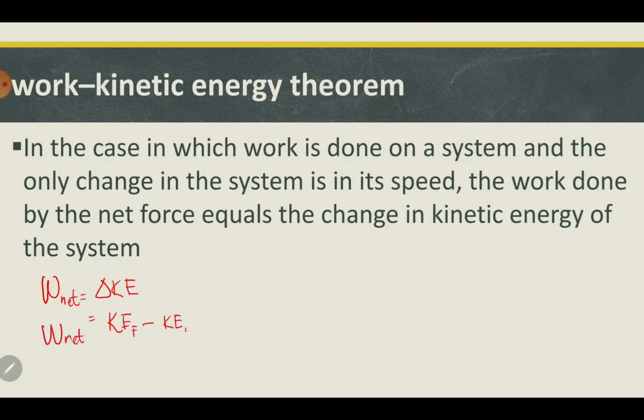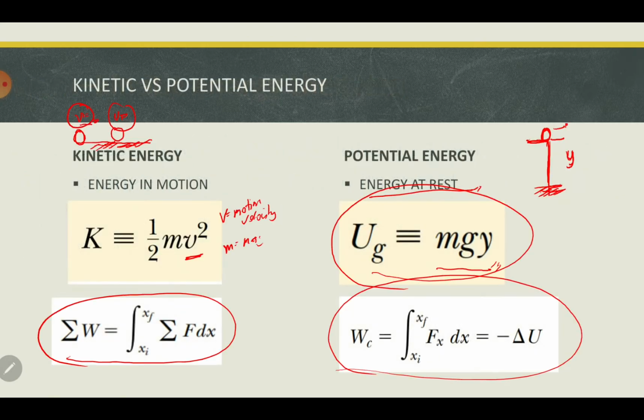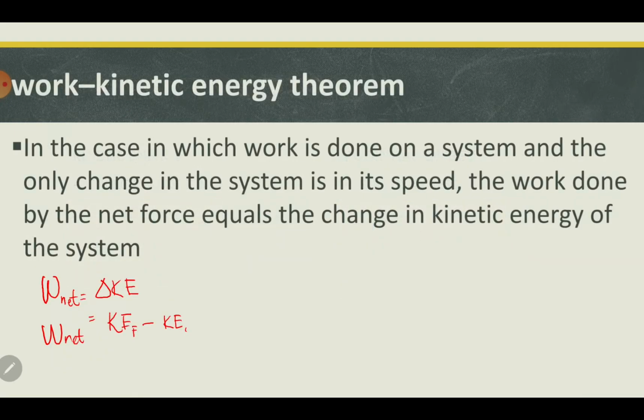This can be proved by this formula, in which we know that the summation of W is equal to the integral of x1 to x2 of F dx, or the summation of F dx. But according to Newton's second law of motion, F is equal to mass multiplied by acceleration.